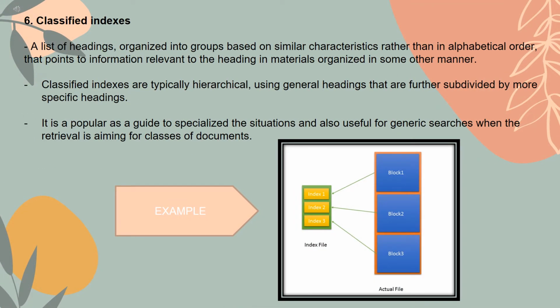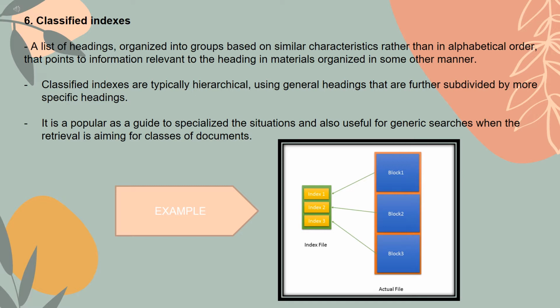Okay, we go to the next type, which is classified indexes. A listing of headings organized into groups based on similar characteristics rather than in alphabetical order, that point to information relevant to the heading in material organized in some other manner.